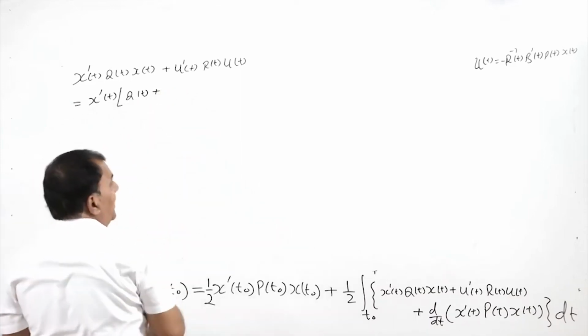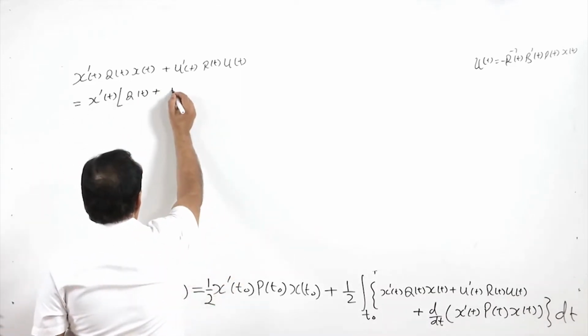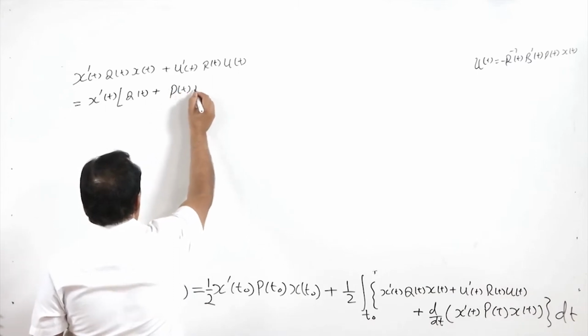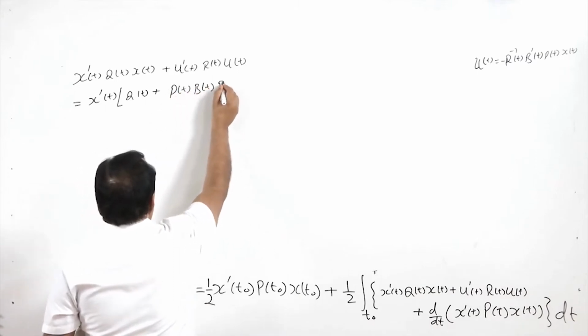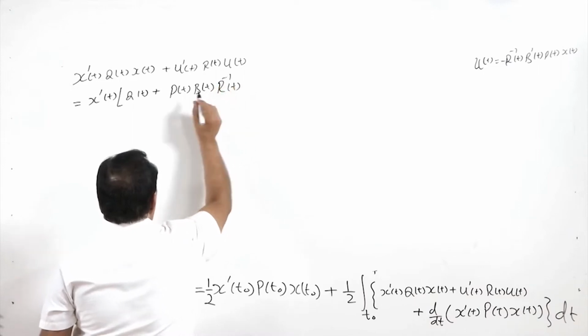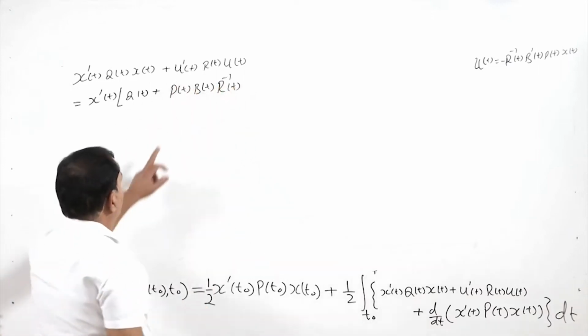I have taken x transpose outside, so this will be nothing but P B R inverse for the u transpose.